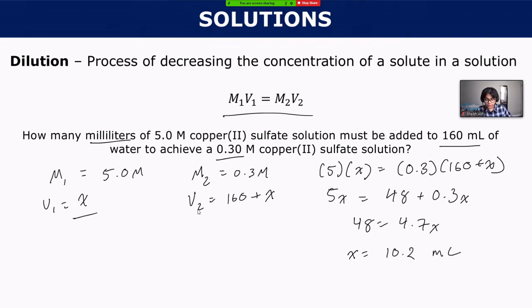So 10.2 milliliters of 5 molar copper sulfate solution must have been added. And that is how you calculate it.